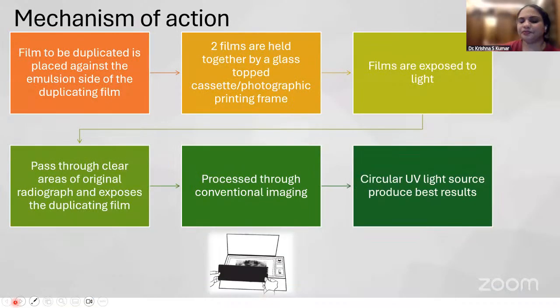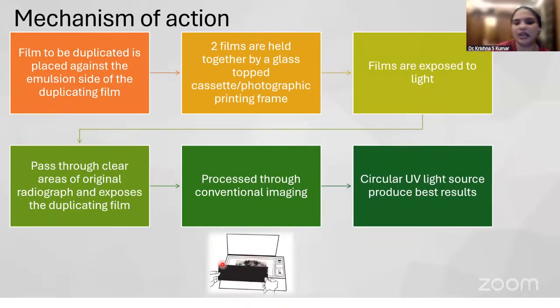Here, the film which you intend to duplicate is placed on this glass-topped cassette, or the photographic printing frame. Please follow my pointer. This is the photographic printing frame. Then you place the duplicating film over it.